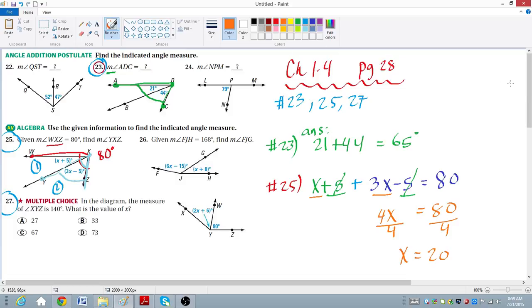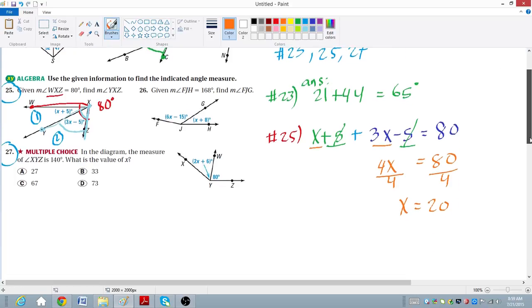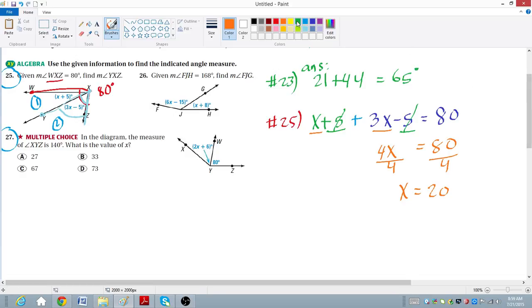So let me write down angle 2. Angle 2 right here, I know that it's angle 2 or angle YXZ. I know it's equal to 3x minus 5. So wherever I see x, I plug in 20.